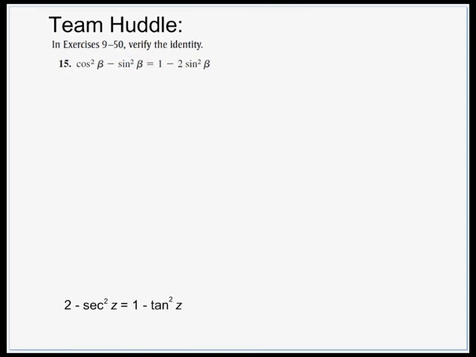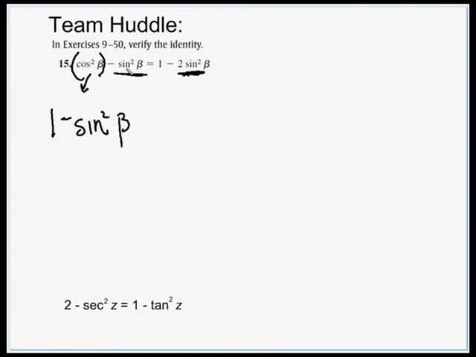In number 15, on the left we have sine squared and cosine squared. Over here we have sine squareds, and we have 2 of them. So maybe this sine squared we want to leave alone. But what can we replace cos squared of beta with? Well, by a Pythagorean identity, that is the exact same thing as 1 minus sine squared of beta.